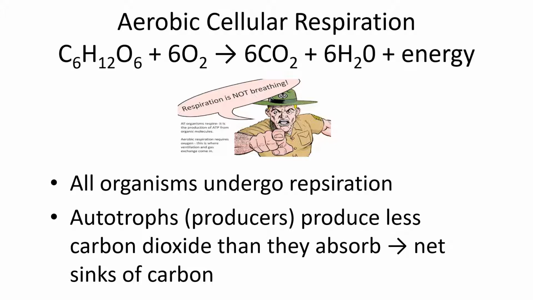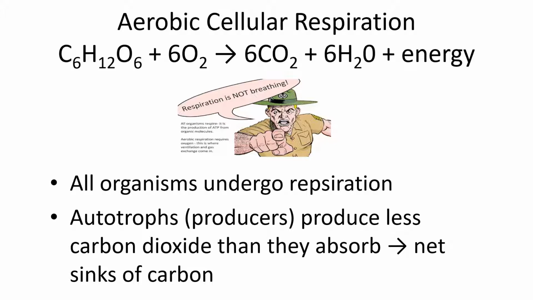Well, just in case you forgot, here is the chemical equation of cellular respiration. And it's the process that all organisms undergo to get usable energy for their cellular activities. And really, it breaks down glucose to make that usable energy.